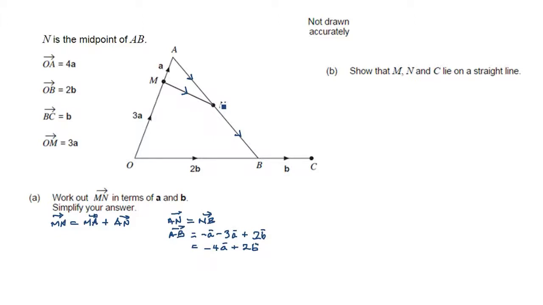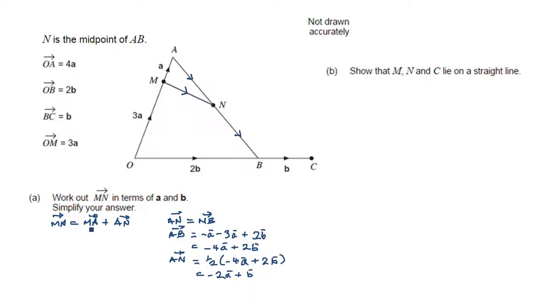So now we've got an expression for A to B. Well, we actually want A to N. So to get A to N, because N is a midpoint, we're simply going to halve A to B. And that's going to equal minus, so half times minus 4 is minus 2A, and half times 2B is just B.